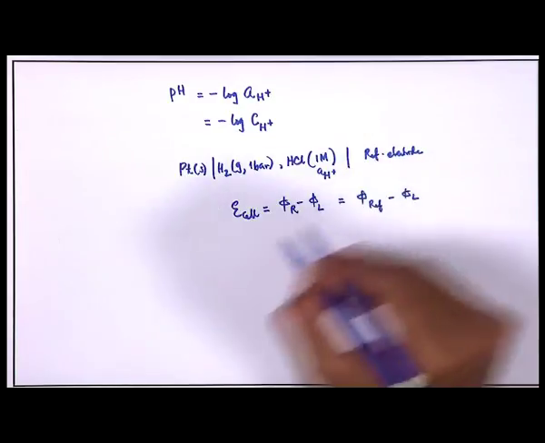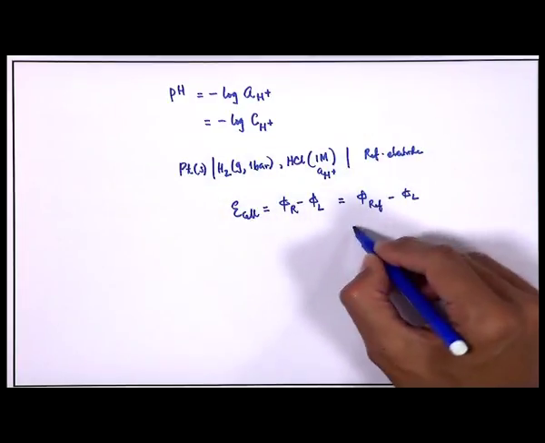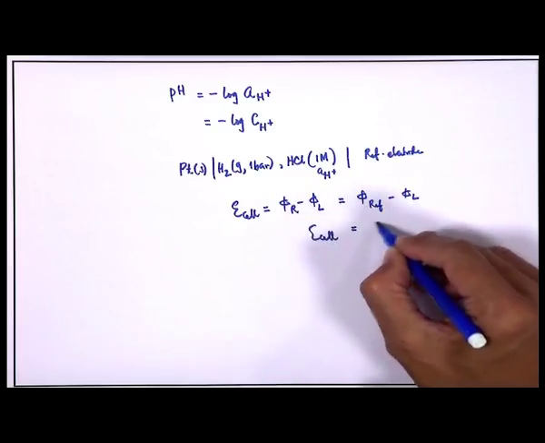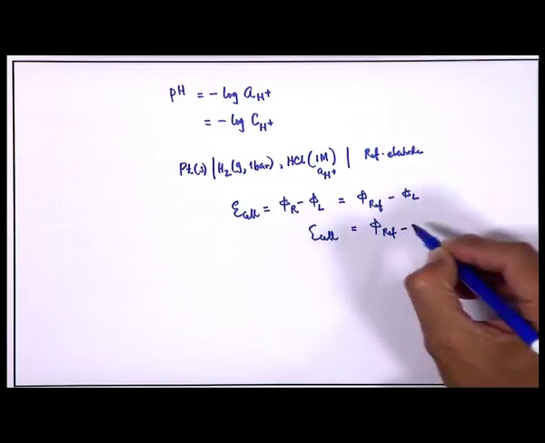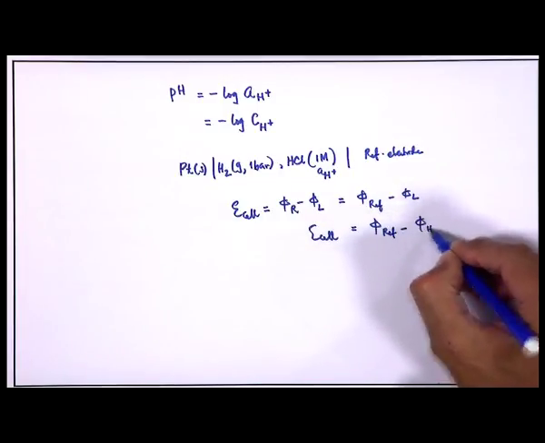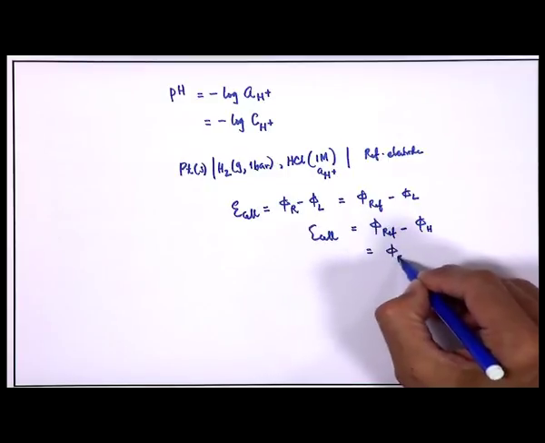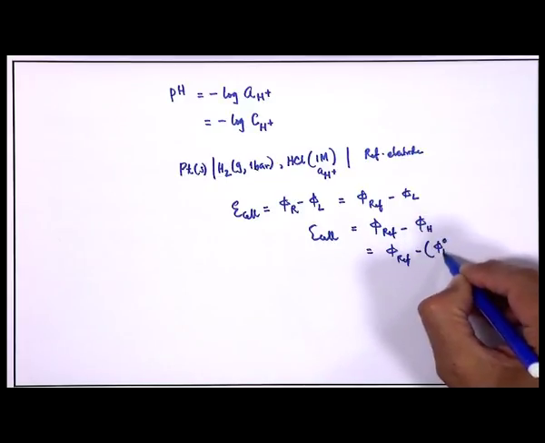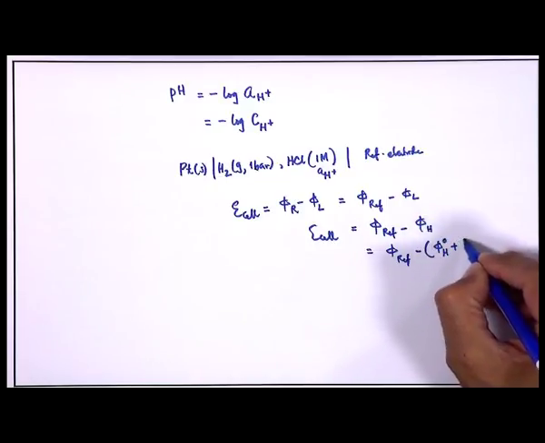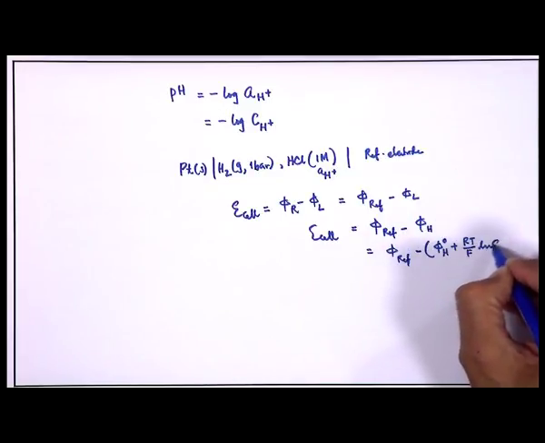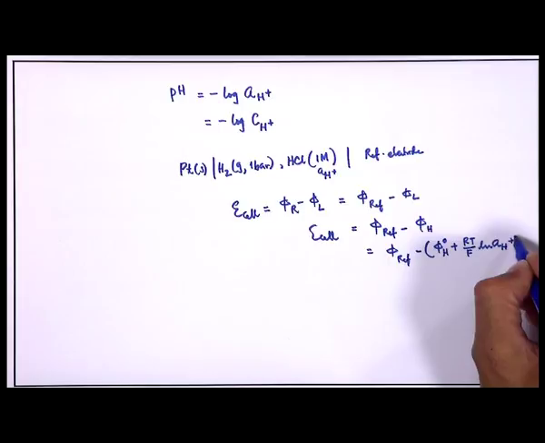So, basically E cell is equal to phi reference minus phi H. So, phi reference minus phi 0 H plus R T by F ln activity of H plus.